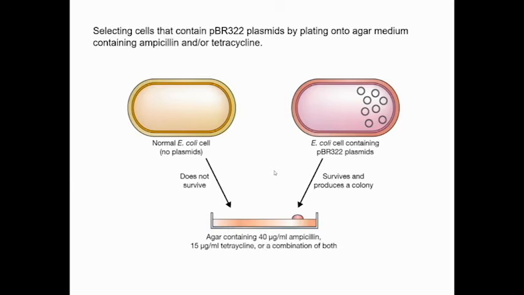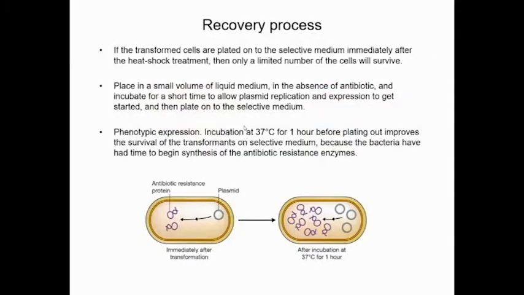It is extremely important. This is the step where you can distinguish whether the cells took up the DNA or not. Later on, you place those cells in the selective media, and then you will be able to identify the recombinant cells. So that's the recovery process.